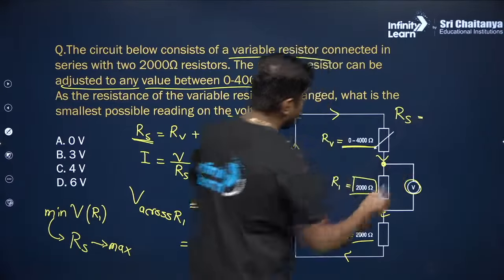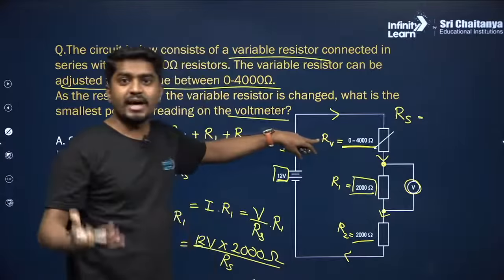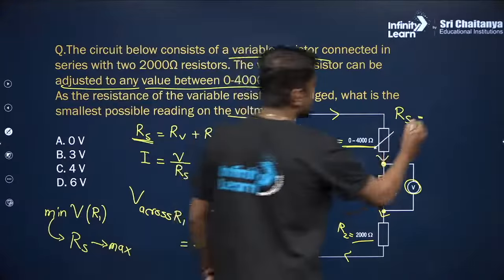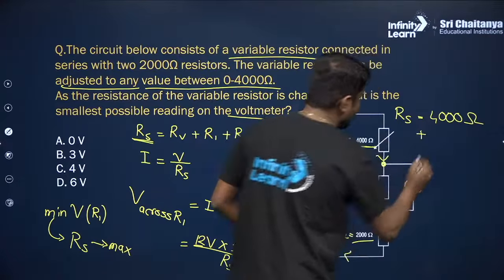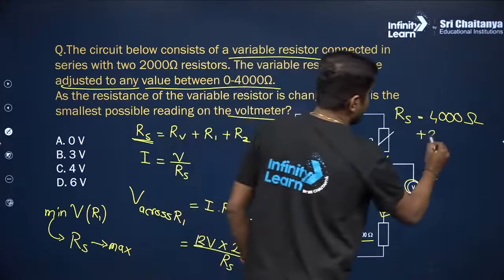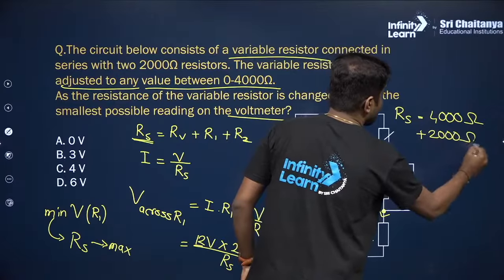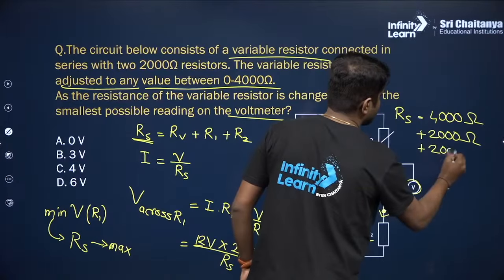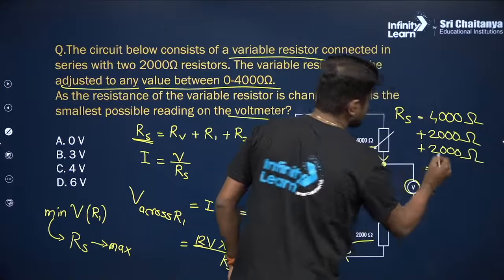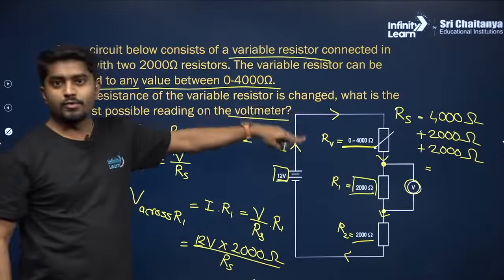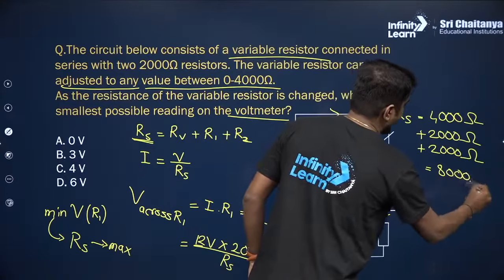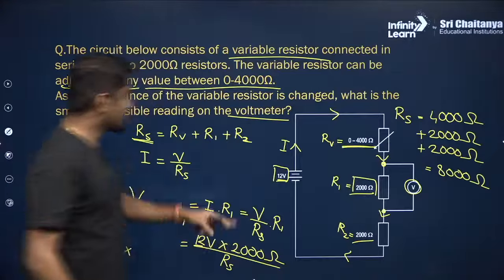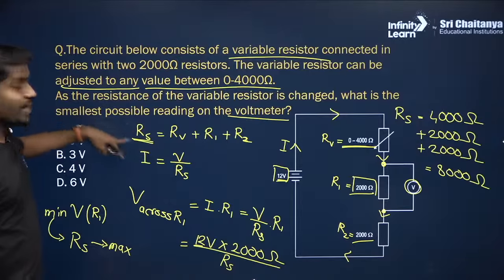Rs is going to be RV, the maximum value of the variable resistance, which is 4000 ohms, plus R1, which is 2000, plus R2, which is 2000. So this will come out to be 4 plus 4, which is 8000 ohms. Okay, so that is the total value of Rs.